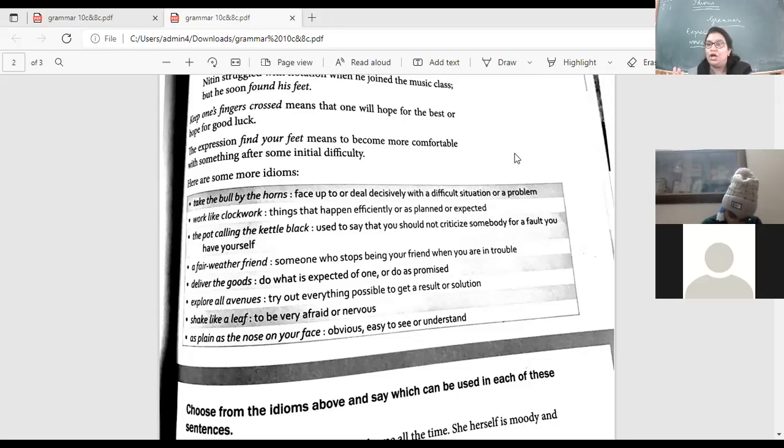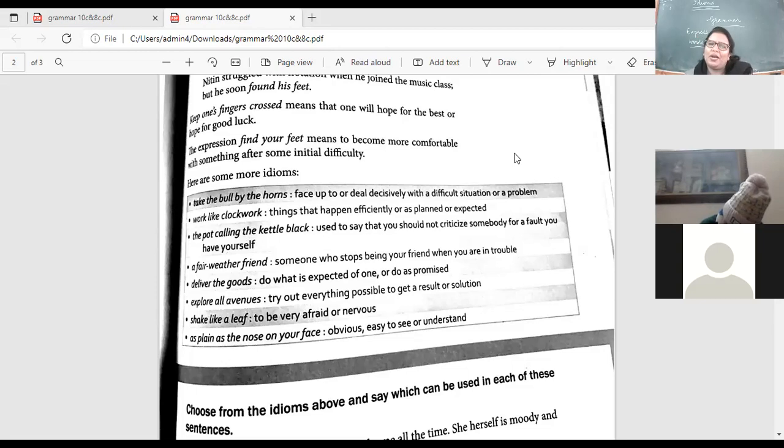Yes. So you can predict the time of the day by looking at Sana because she works like clockwork, isn't it? Or she never loses a moment in the day as she works like clockwork. Everything very precisely, very accurately, never going away.